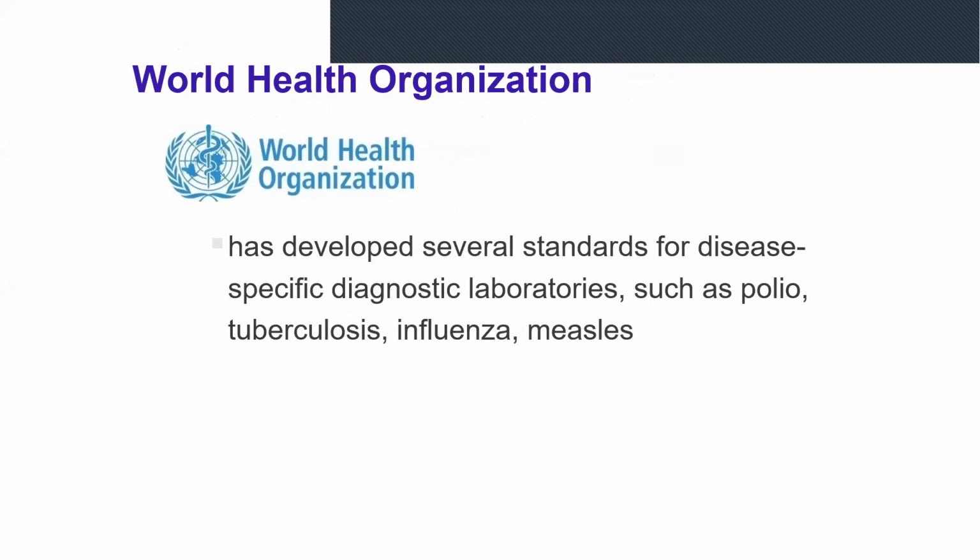So there are several standards that are not necessarily only laboratory, although some of them are very heavy on laboratory. For all these diseases, for tuberculosis, there's a lot of material regarding how to comply with the different things that WHO says you have to do in your laboratories for diagnosis of tuberculosis.